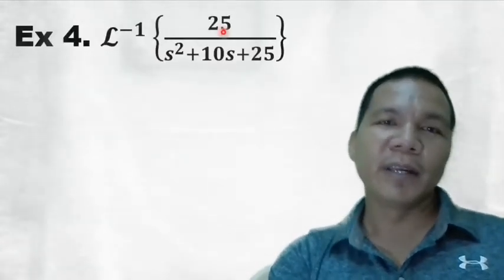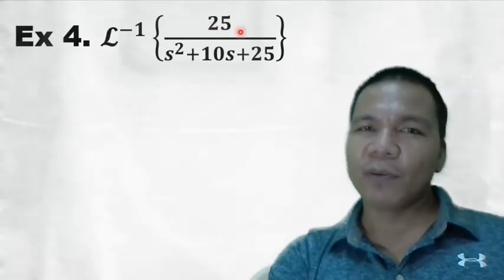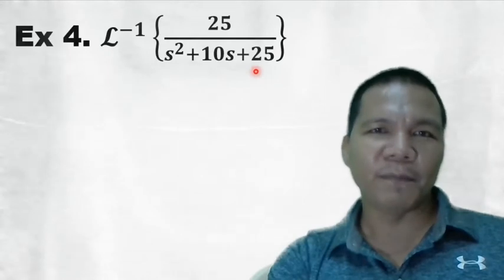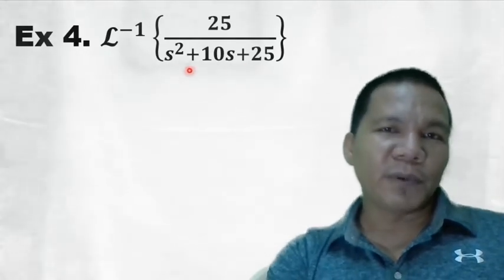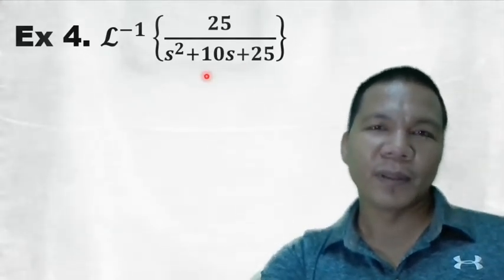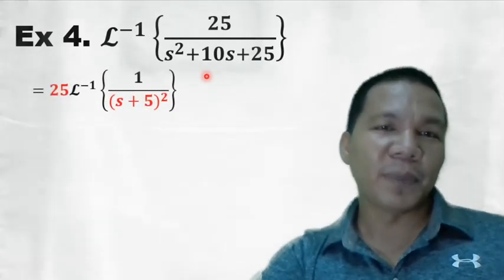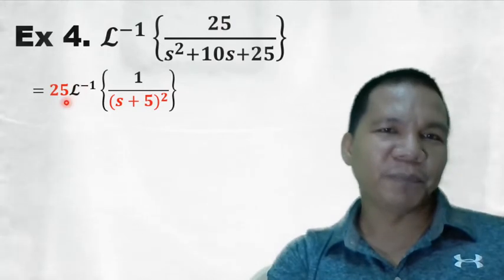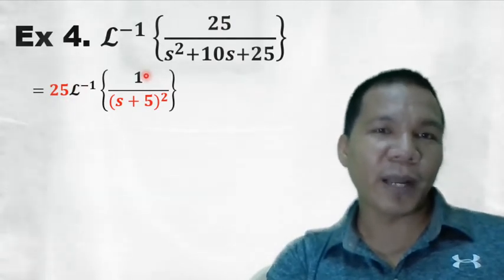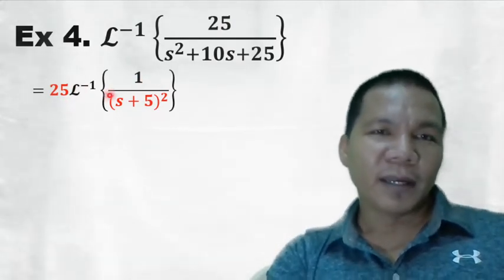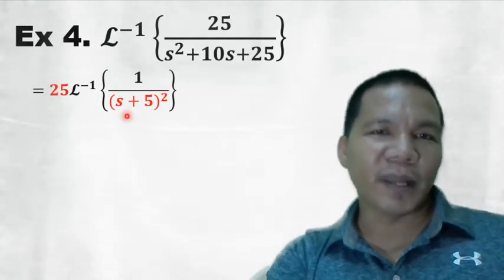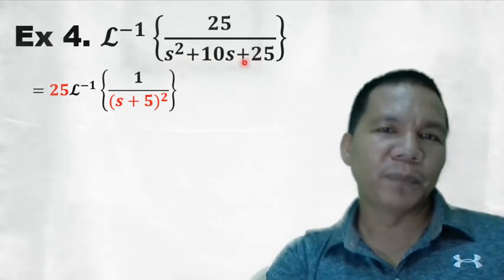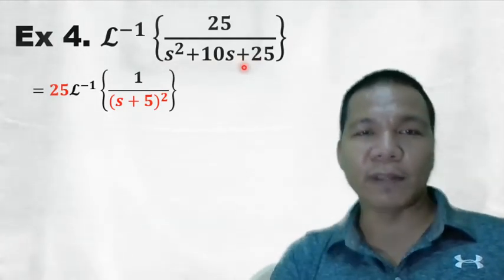Supposing I have here the inverse Laplace transform of 25 all over s squared plus 10s plus 25. Now, if we are going to manipulate the denominator, this will become, okay, by the way, if we are going to take out 25, so that the numerator will become 1, and the denominator is (s plus 5) quantity squared, which is actually the factor form of s squared plus 10s plus 25.